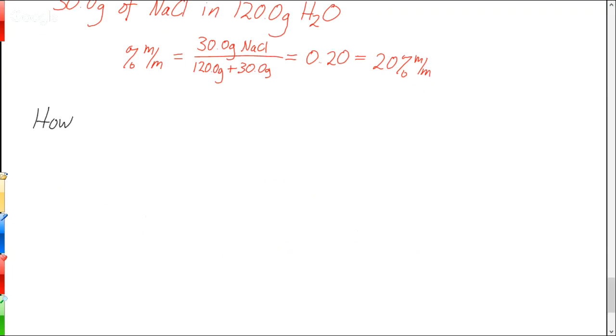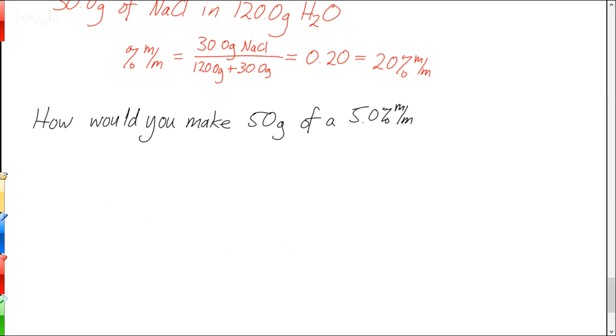Here's another question using percent by mass. How would you make 50 grams of a 5.0% by mass potassium chloride solution?